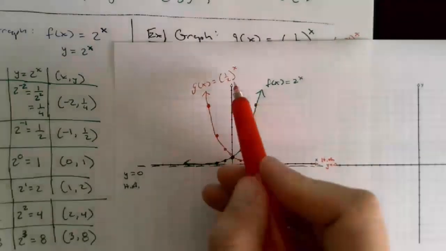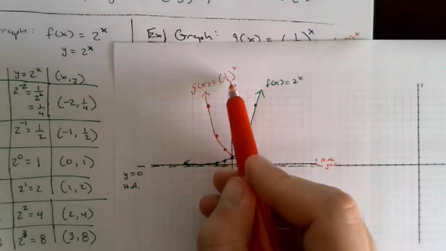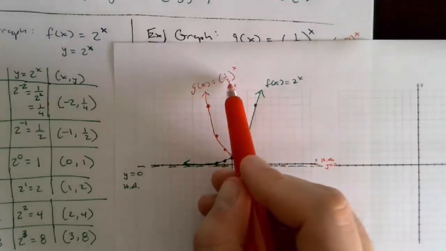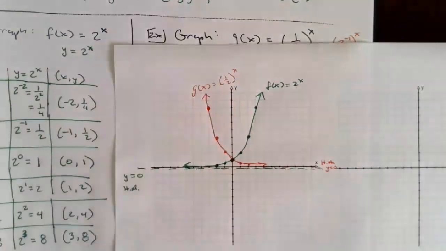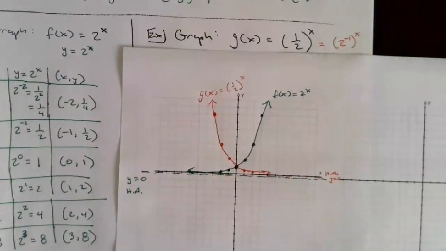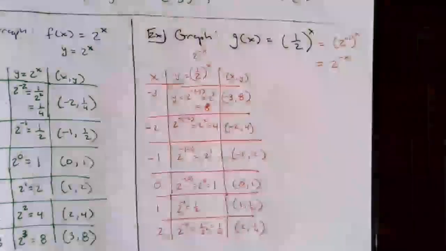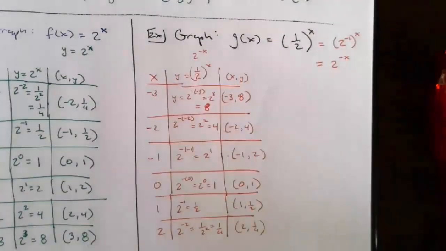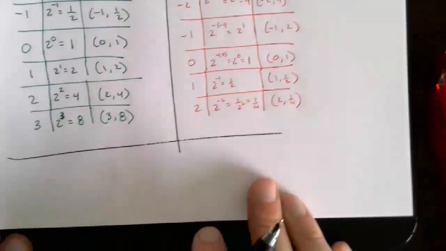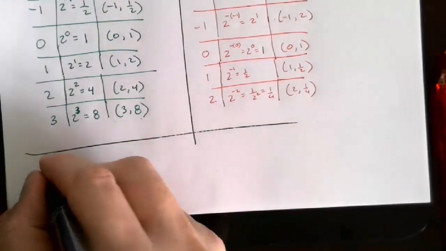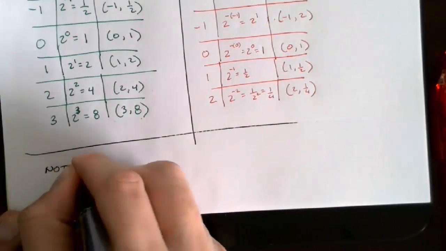The thing to notice here is that if your base a is between 0 and 1, then this function is always decreasing. So these are some general properties of the exponential function that you might want to remember. So maybe I'll just write them down here as a note.